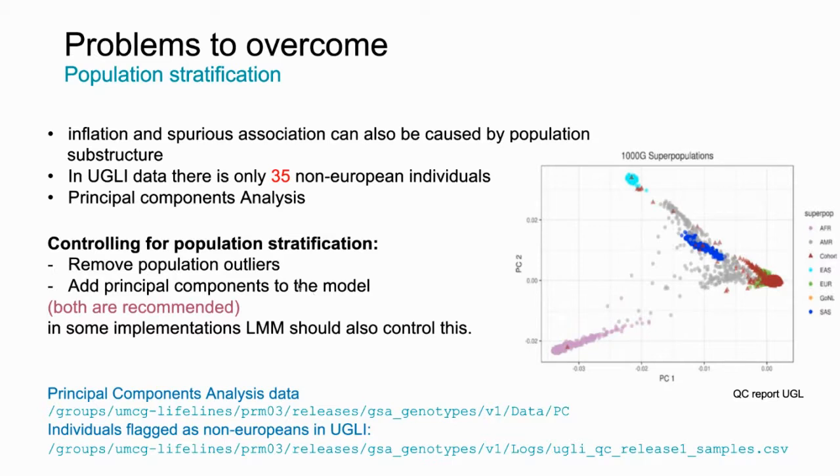Usually both practices are recommended because you still have some population substructure even if you have only one population in your data set. So this is very recommended. You have the principal components for the UGLI data located here, and you also have the individuals flagged as non-Europeans located here.